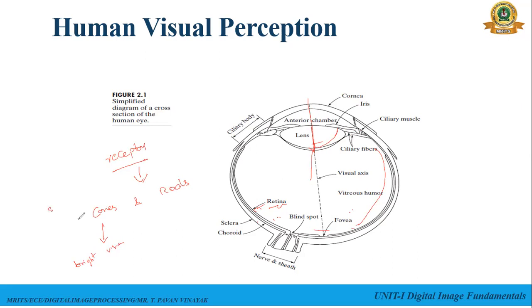Rods are useful for dim light vision, or scotopic. Cone vision is called photopic. Dim light vision, bright vision.